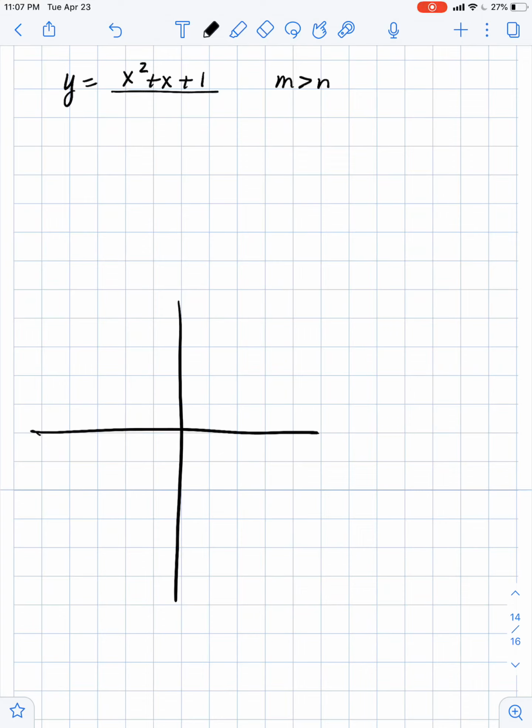And you're going to have that divided by something like x minus 2. So again, your numerator, the 2, is greater than the 1. That's what we're saying here. 2 is greater than 1.